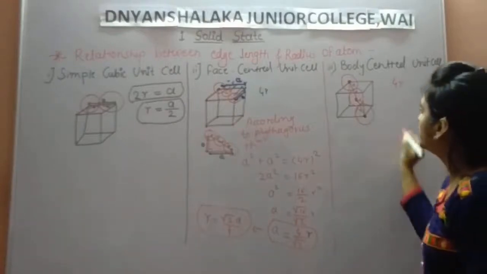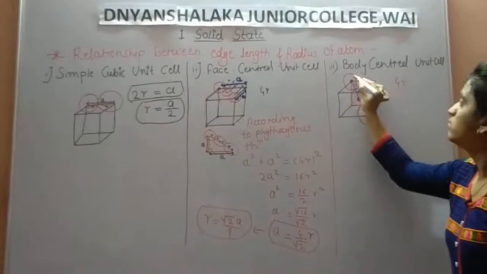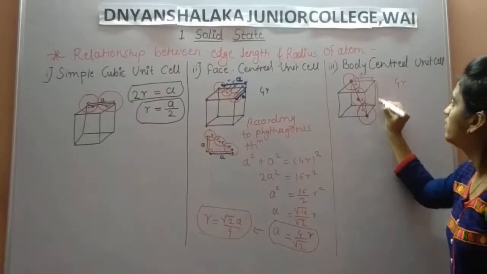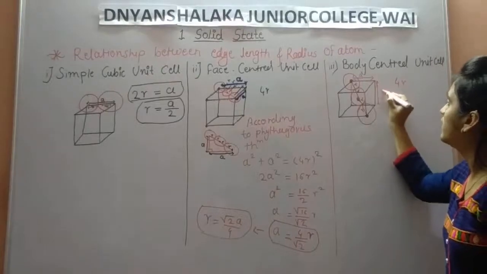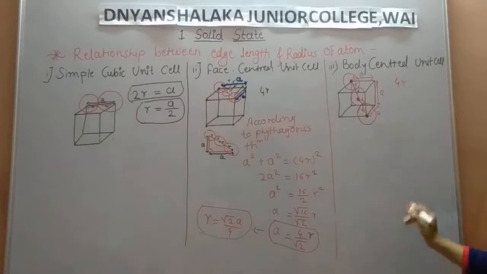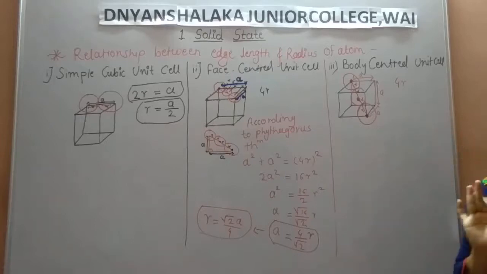And how to cover the distance between these 4r? This is the first a, this is our second a, and this is our third a. Between these three spheres there is a strong intermolecular force of attraction.